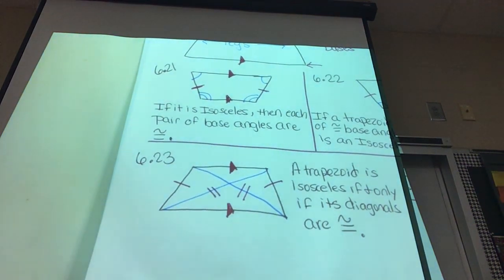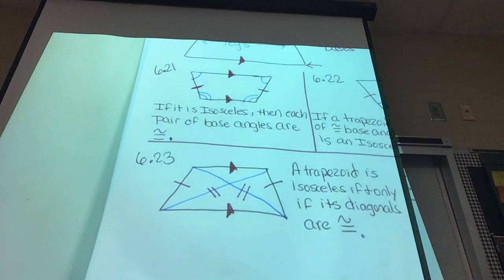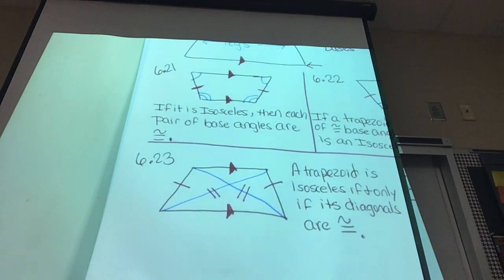So if one of them is 20, the other one has to be 20. That's only if it's going to be isosceles. Now, if they are not congruent, then it's just a regular trapezoid. So they have to be congruent.